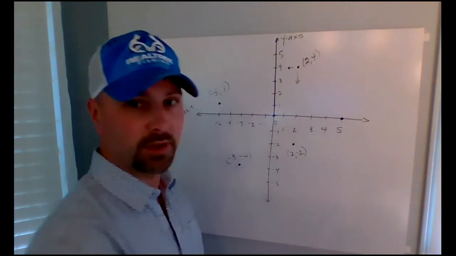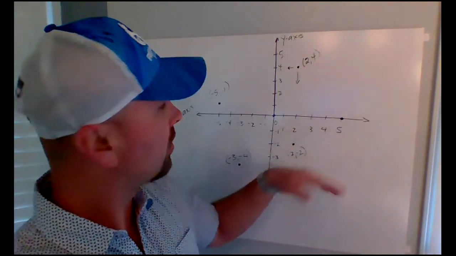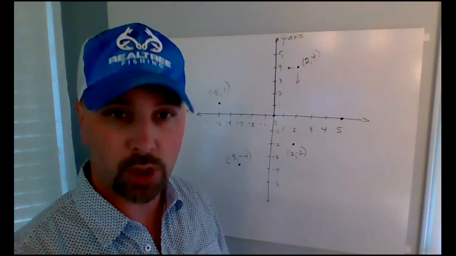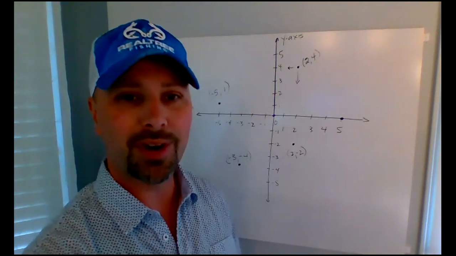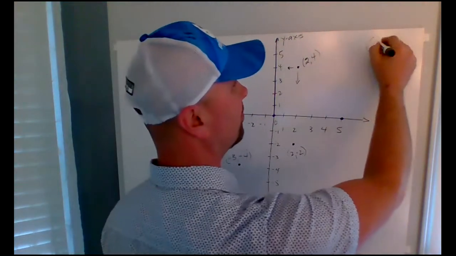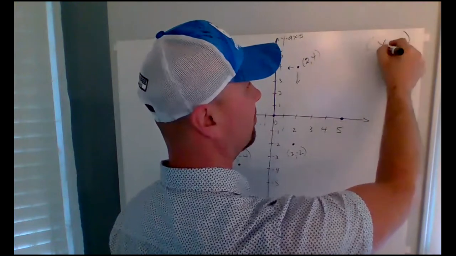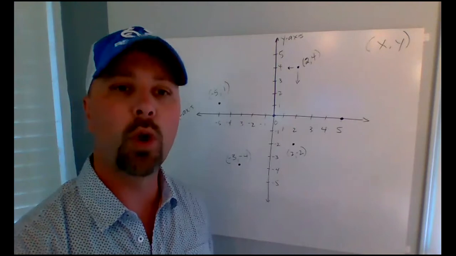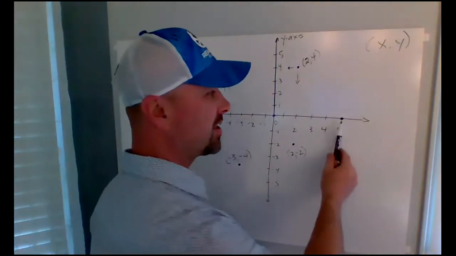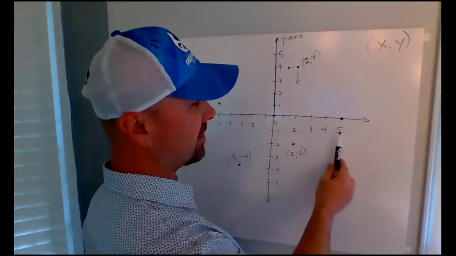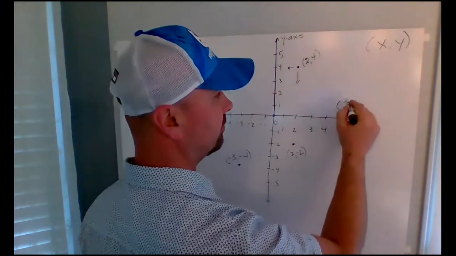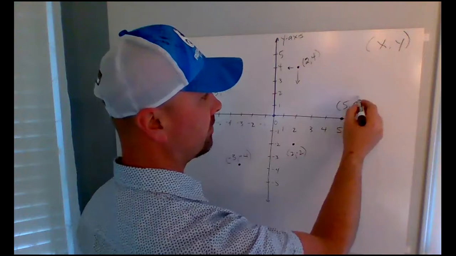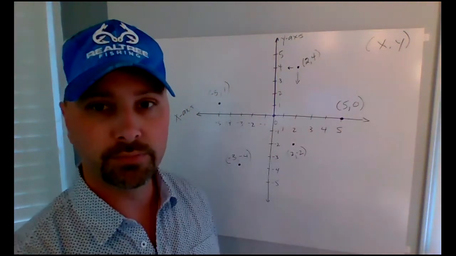And then finally this one, these that fall right on the axis sometimes give people trouble. So just remember X, Y. X comes before Y. Where does it fall on the X? Where does it fall on the Y? So this point falls on the X at 5. On the Y, 0. Okay?